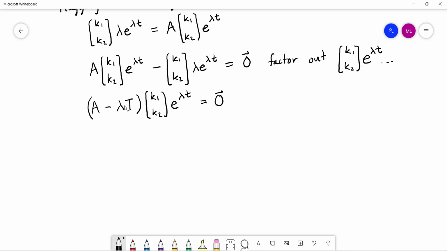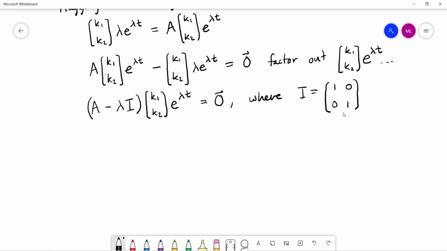So I'm going to use the capital letter I, where I is equal to the matrix 1, 0, 0, 1. For us, on a 2 by 2, that's what it looks like. 1's along the diagonal, 0's everywhere else. And you could extend this if you were dealing with a 3 by 3 matrix, it would be the same idea. You'd have 1's along the diagonal, 0's everywhere else.